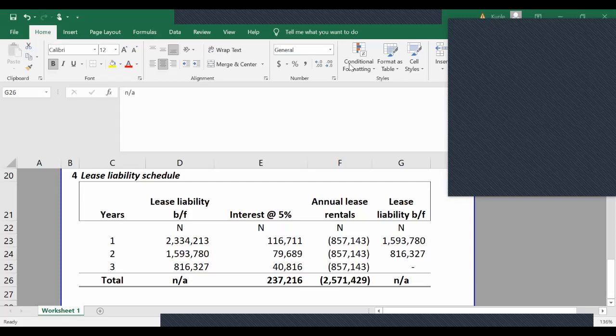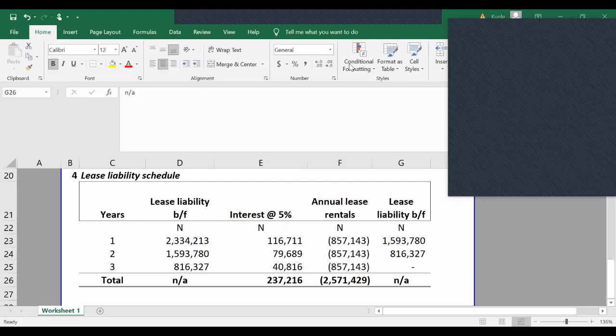And because you are reporting for the lessee, the amount you are paying for the use of that asset is an expense to you. Do you understand? It's an expense to you.